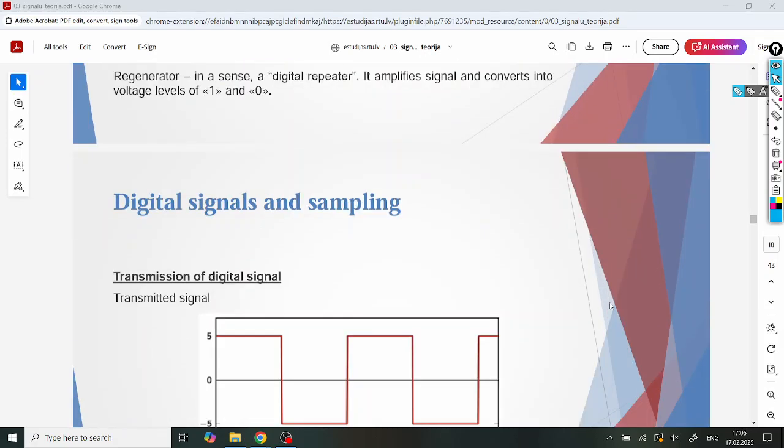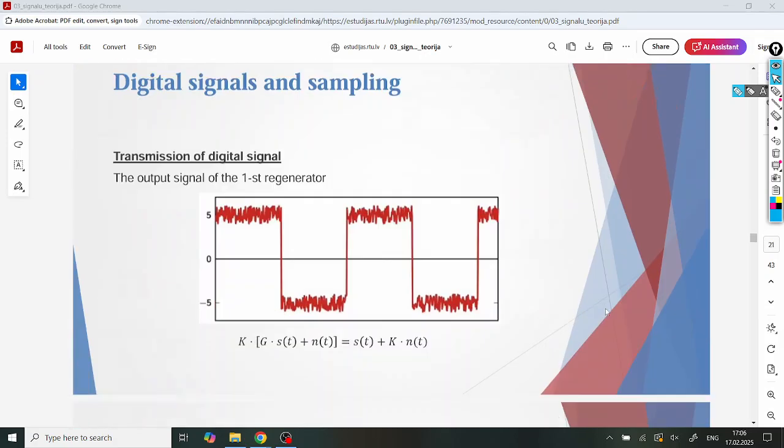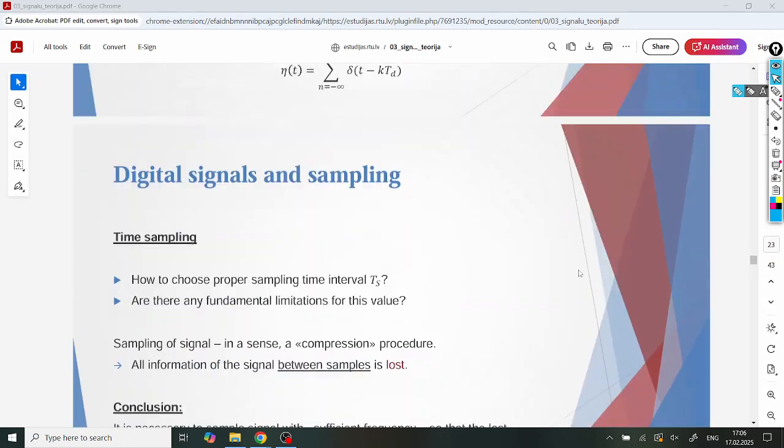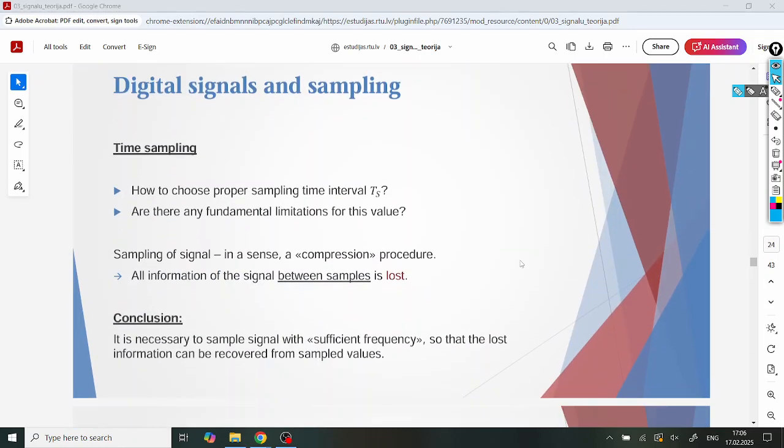So what is the optimum? What is the balance here? Now, once again, I pointed out that it is very important that all that was in between the samples that you have saved will be lost forever. There is no way for you to read it back somehow, except to get it out from the samples that you have.